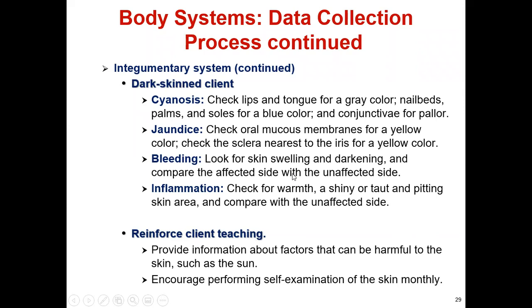Compare the affected side with the unaffected side. Inflammation: check for temperature, shininess, pitting skin area, and compare with the unaffected side. Usually, if inflammatory change occurs, you can find high temperature, swelling, tenderness, and pain.